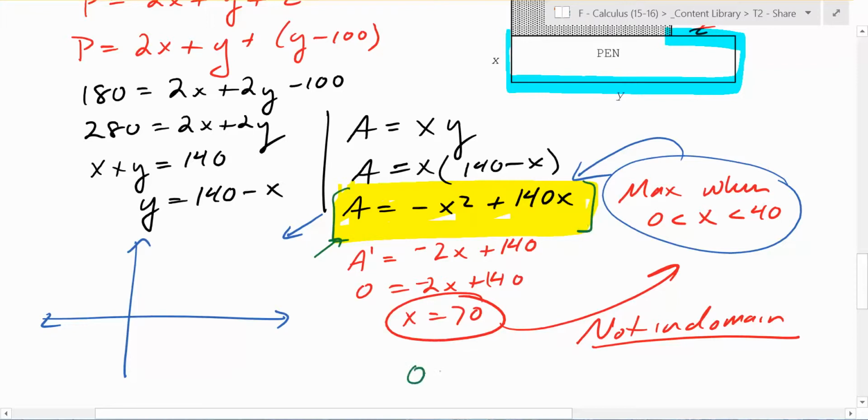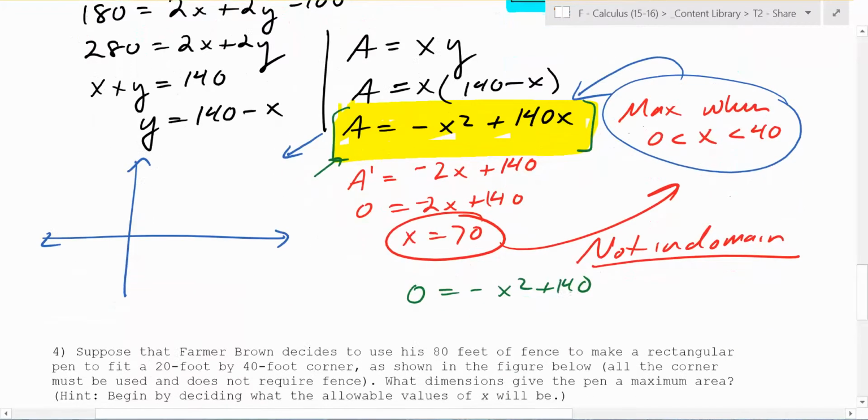So you have 0 is equal to negative x squared plus 140x. What can you factor out? 0 is equal to negative x times x plus 140. So what are the two zeros? X is equal to what and what? 0 and negative 140.